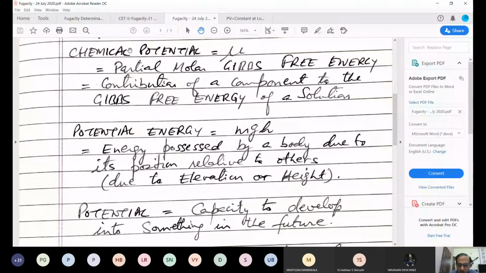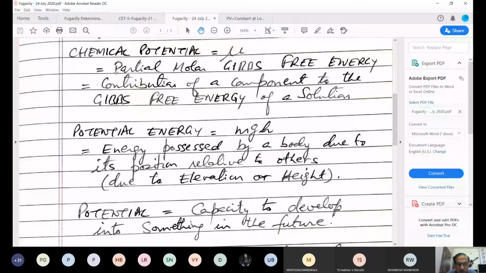it is basically the potential available for chemical transformation. I will tell you now. So for chemical transformation, like what we are going to learn in CET 2, they are all chemical transformations. Whether we talk about phase equilibrium or reaction, they are specifically related to changes in chemistry or chemical compositions, right?